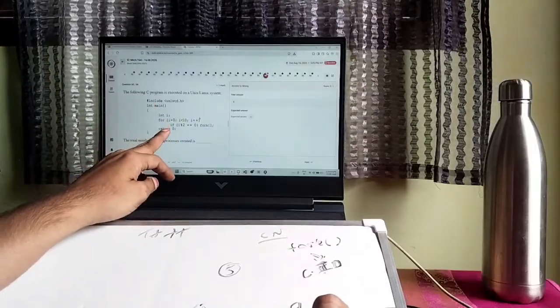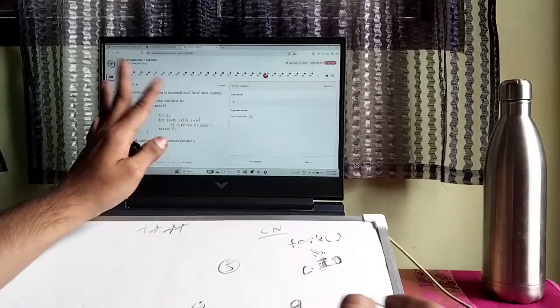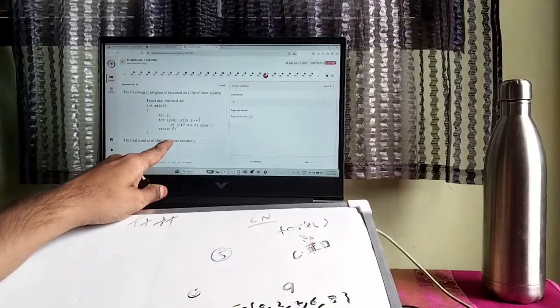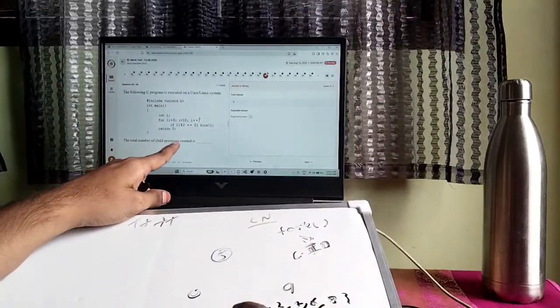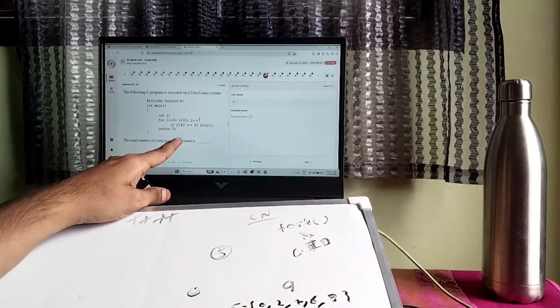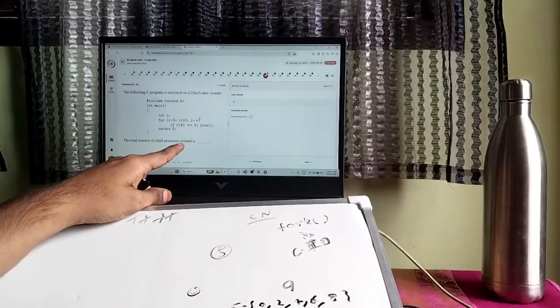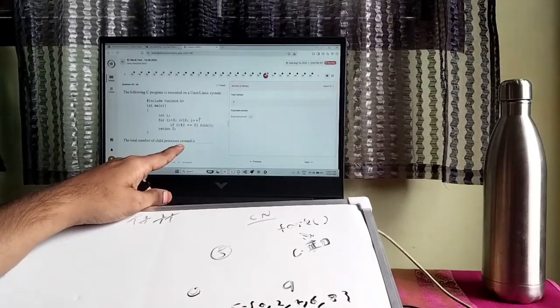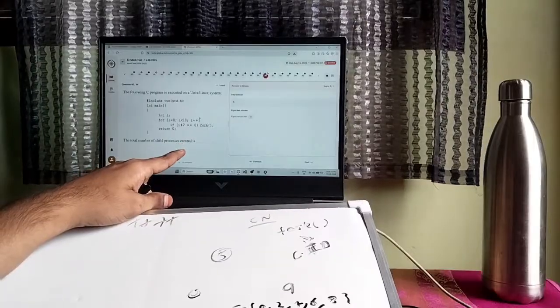After this condition is true, fork is called. For example, at 0 it is true, so fork creates one child.